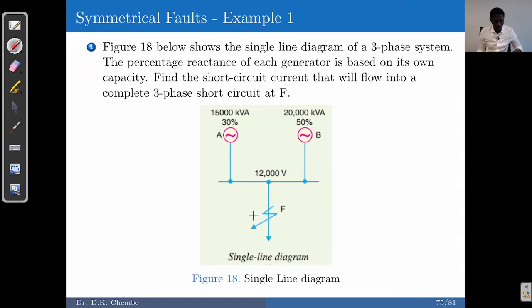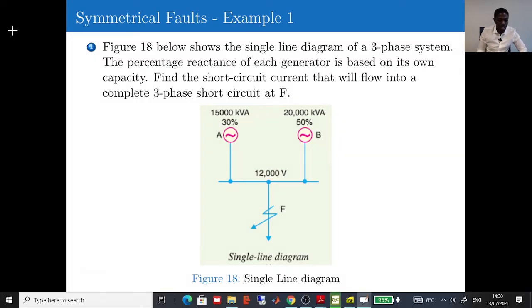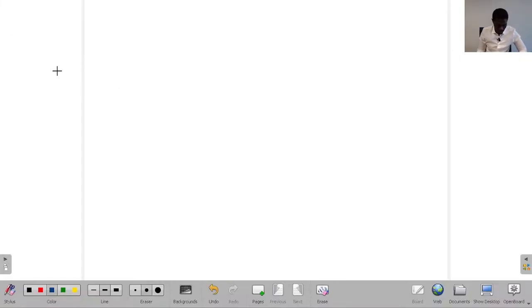First of all, we have to select and choose a base kVA rating that we are going to adopt and use. In this case, we are going to adopt a base kVA of, let's say, 35,000 kVA, and then based on this base we convert all the variables that we have.